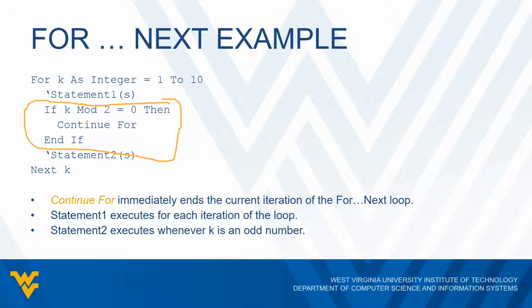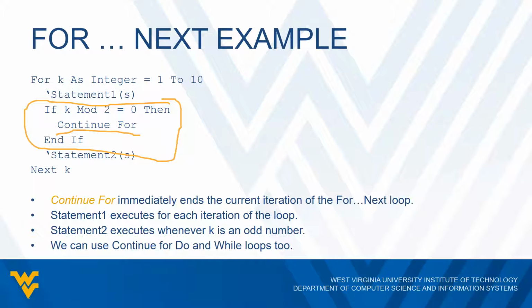Now the statements in the section below it, the statement 2 section, are going to execute whenever k is an odd number, because if k is an even number, we're going to execute this continue for statement here, which means end the current iteration of the for loop, and then move on to the next iteration. Now this is something that's not unique to just for loops. We can use this continue statement for do loops and while loops as well. So we can say continue do, or we can say continue while.